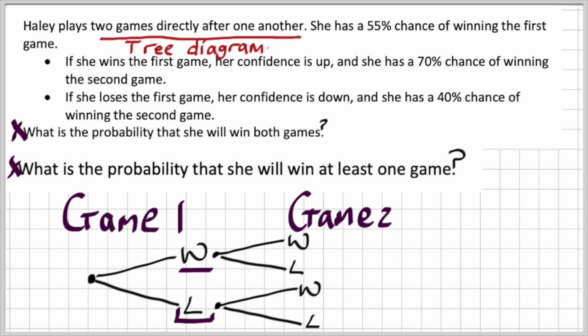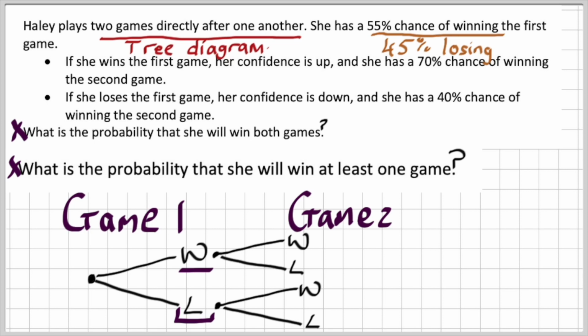Okay. But for this exercise, there's going to be a normal tree diagram, game one and game two. Now, what is the implied knowledge? The implied knowledge is she has a 55% chance of winning. Therefore, she's got a 45% chance of losing. Remember, we're not looking at draws.